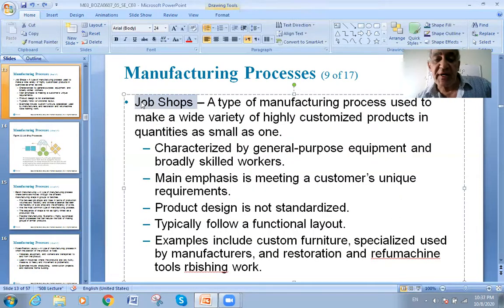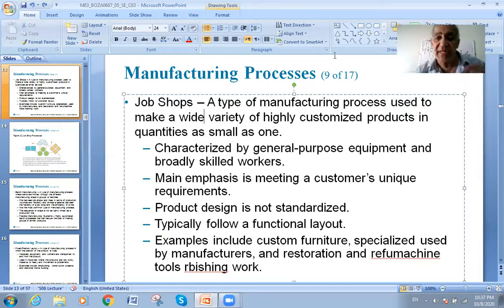The third kind is called job shop. This is very customized, for example, furniture. If you want to make furniture but you need a specific final touch, you need a bed with this, you need that, a long big bed, small bed, queen bed, double bed, single bed.